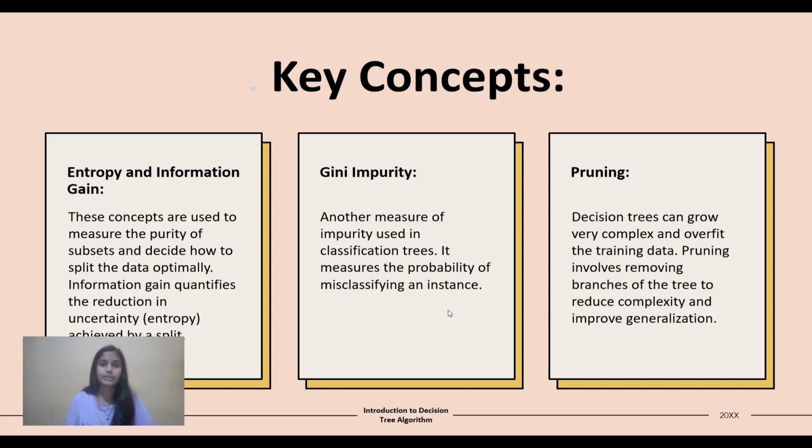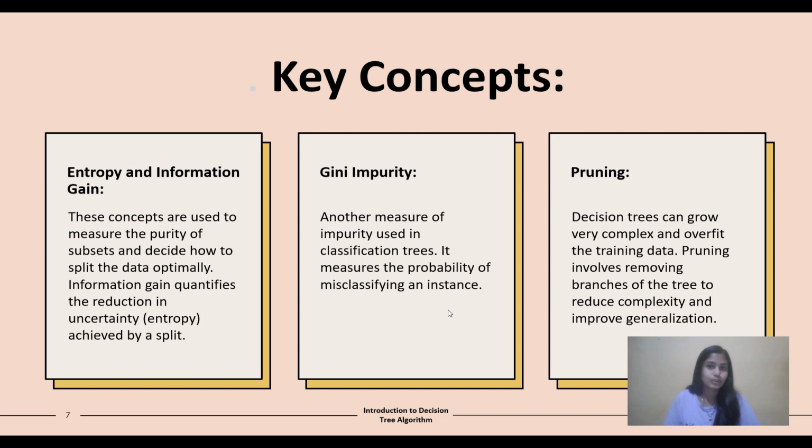Now let's go to the next slide, keynotes. Here we have three things that we need to understand. It's not that important, but it's good to know. Entropy and information gain, these concepts are used to measure the purity of subsets, and they decide how to split the data optimally. Information gain quantifies the reduction in uncertainty, entropy, achieved by the split.